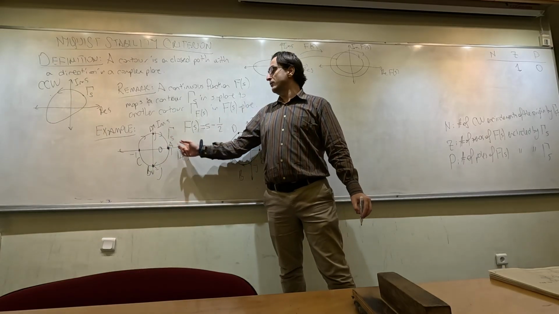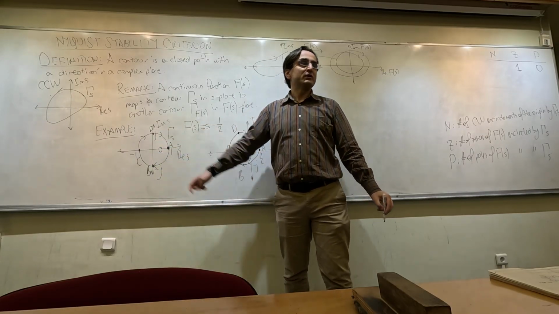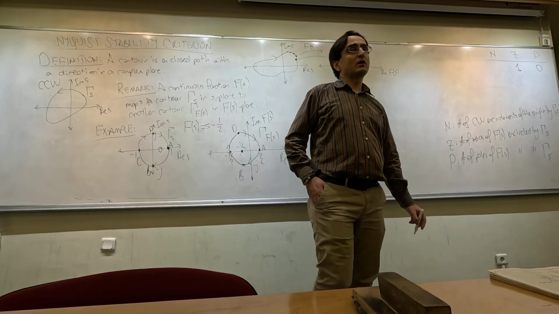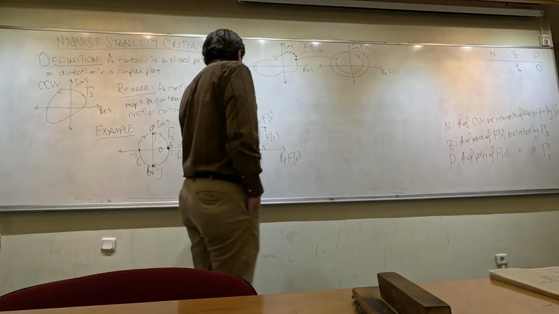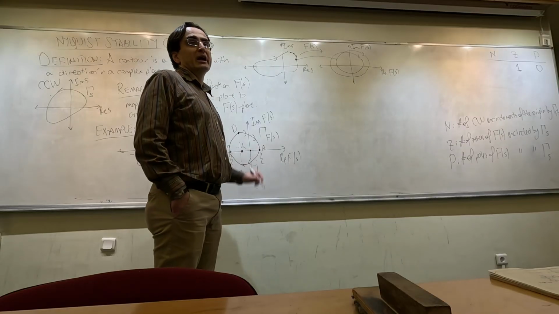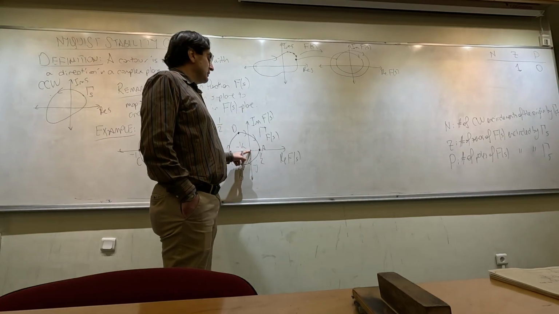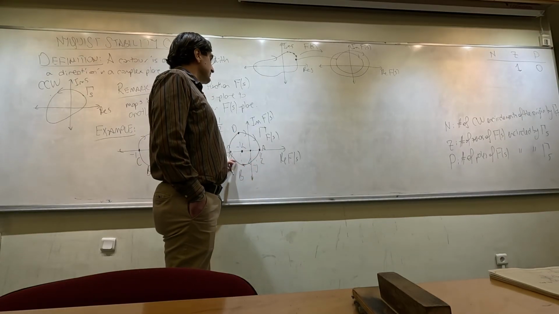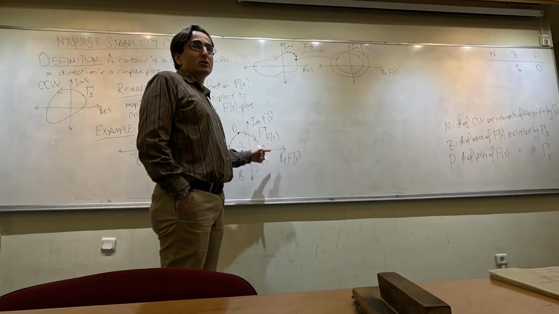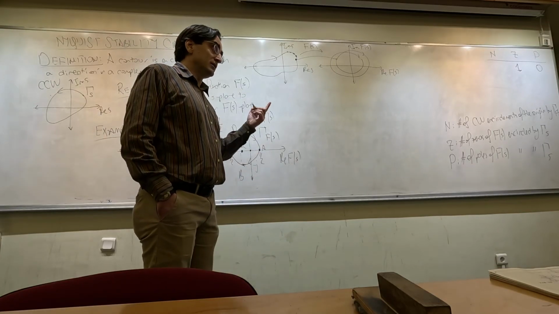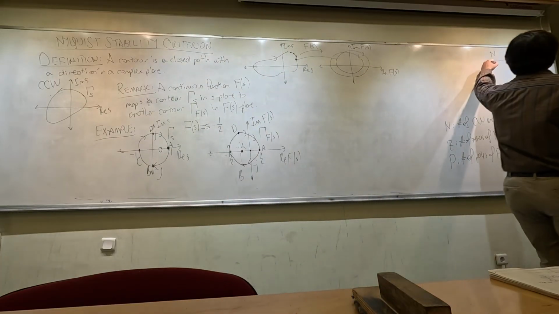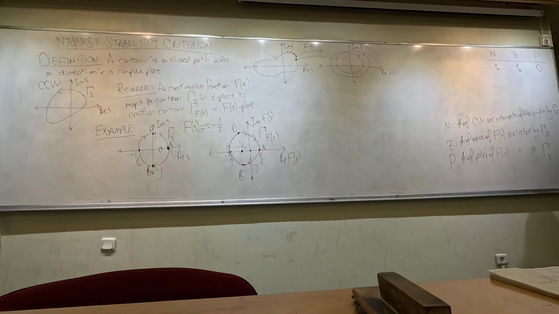If my initial curve had the counterclockwise direction, then I would define it as the counterclockwise encirclements of the origin. So here, the origin in the new plane is here. And I see indeed that the origin is encircled in clockwise direction by gamma f of s how many times? Once. So I see that in this case, N is equal to 1.